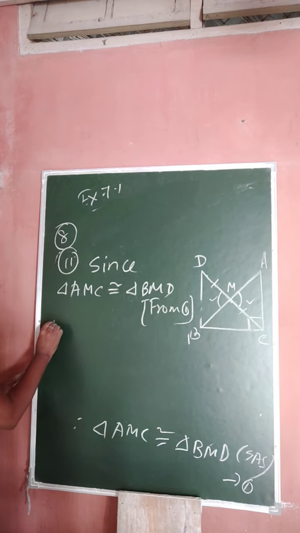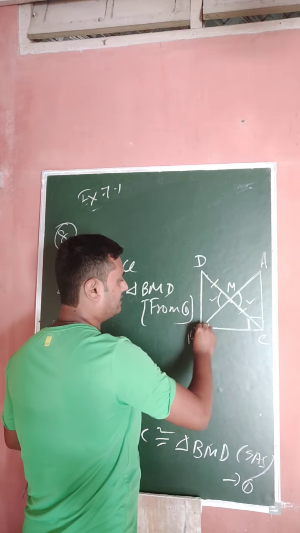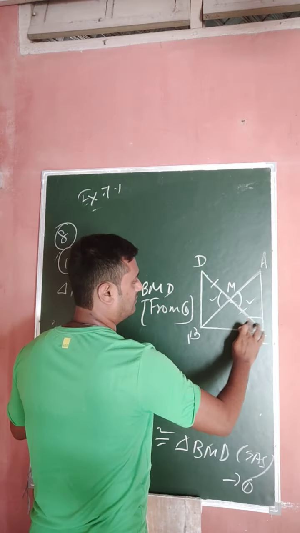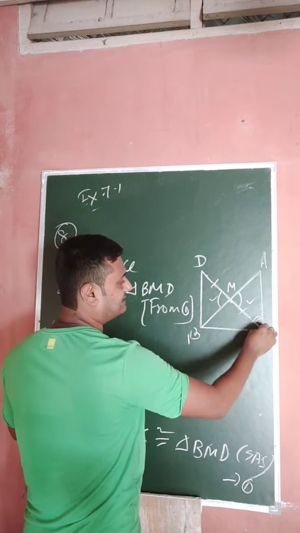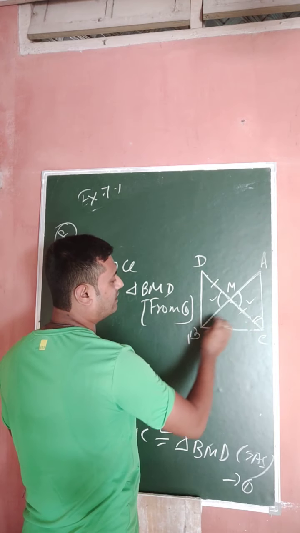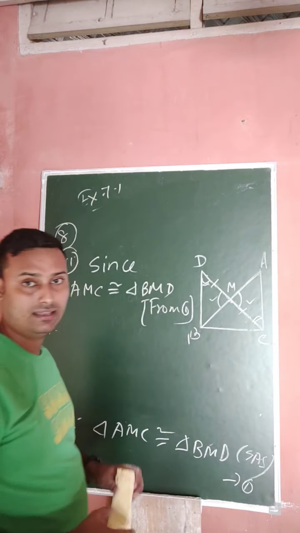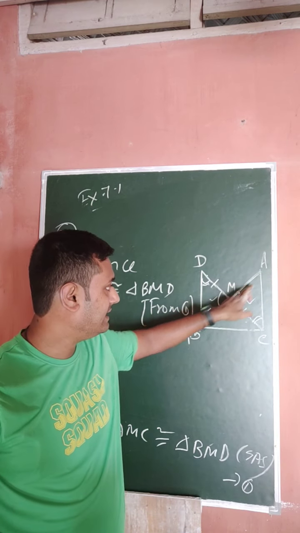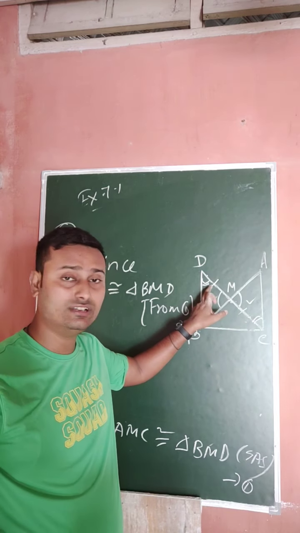Okay, so if these two triangles are congruent to each other, then look at this one, angle ACM will be equal to angle BDM. Why? Because of CPCT. These two triangles are congruent to each other, therefore this angle will be equal to this angle.